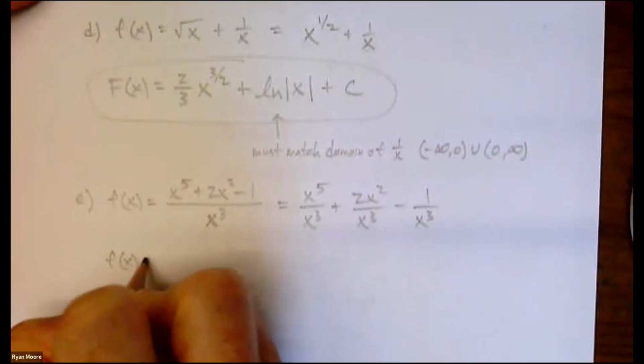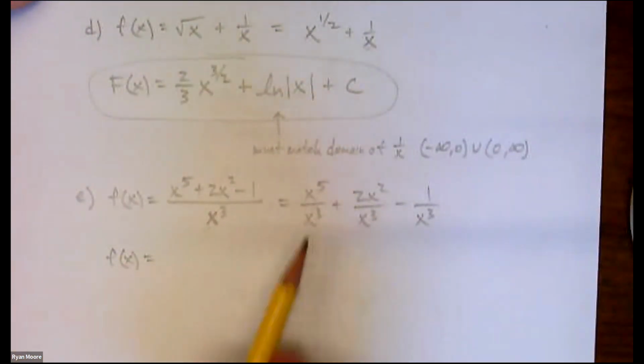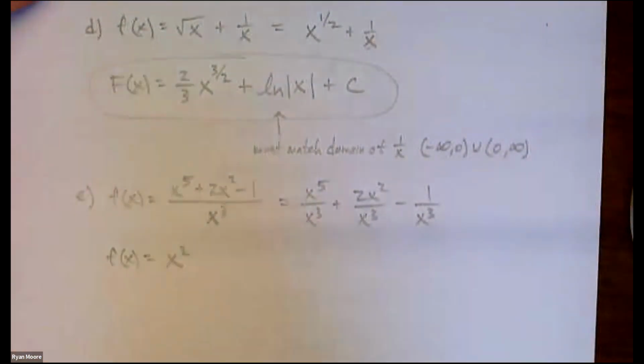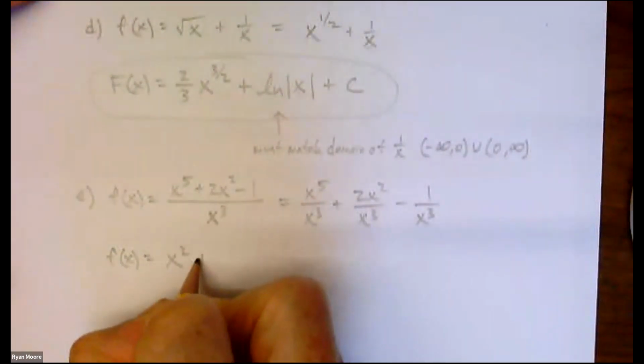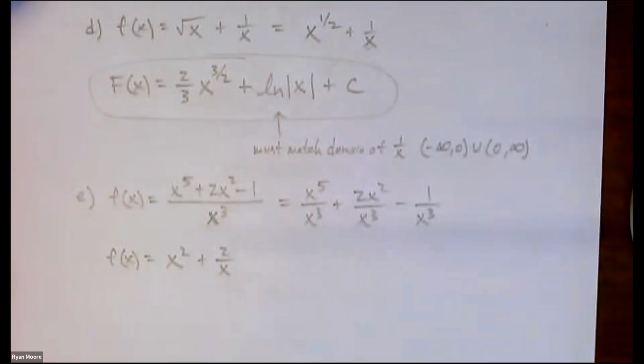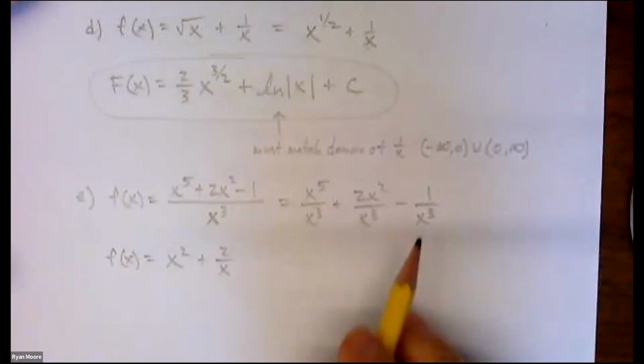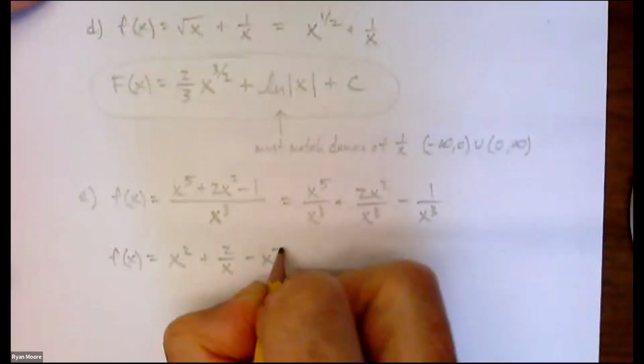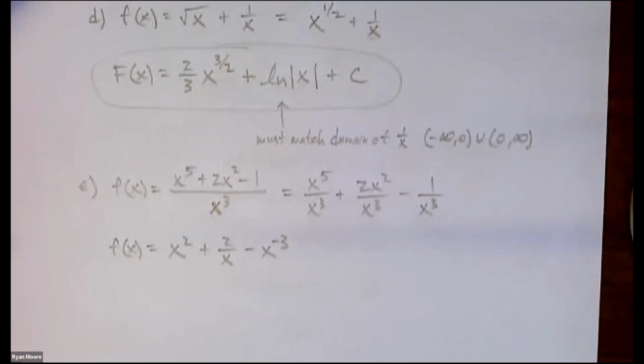Okay. And then reducing each of these, we'd have f of x still is x squared. Here, we'd get x's to cancel. And then finally, you know what? This one, I'm going to write as minus x to the negative 3.